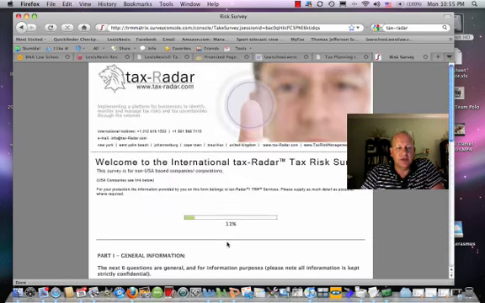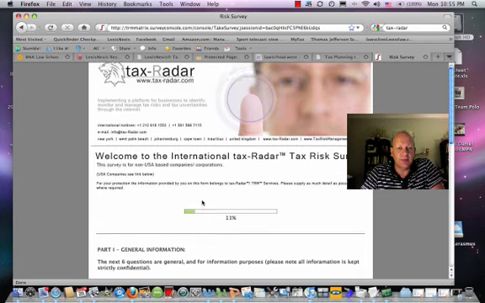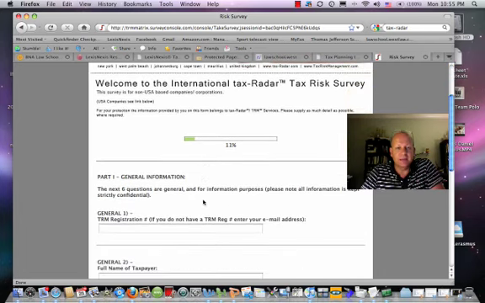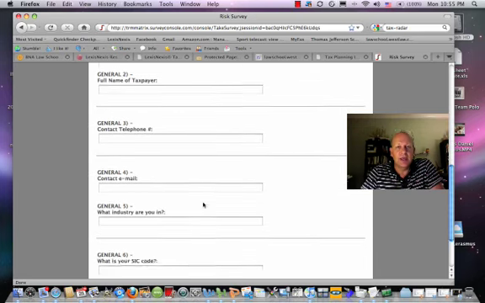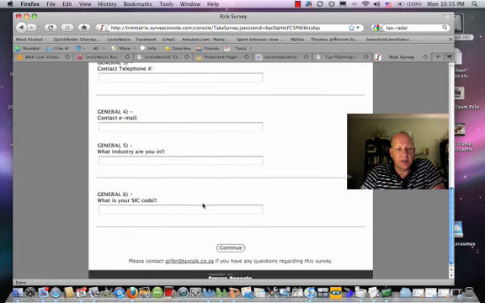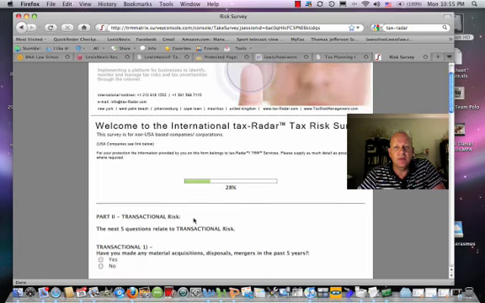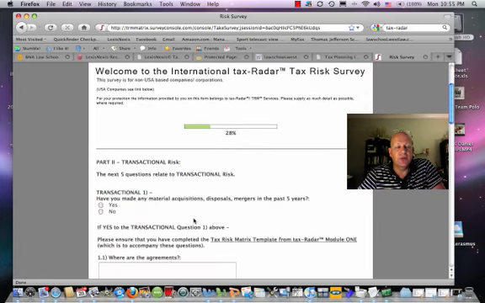Of course, there's general information pertaining to your taxpayer client, in terms of the industry they're in, the SIC industry code, and then we get into the guts of it, where key questions are asked about the very business of the taxpayer concerned. Based on the answers given to these questions, we are placed in a position to determine what their tax risk is.